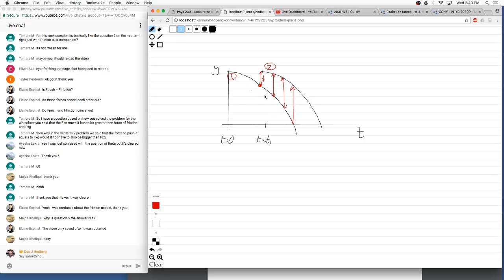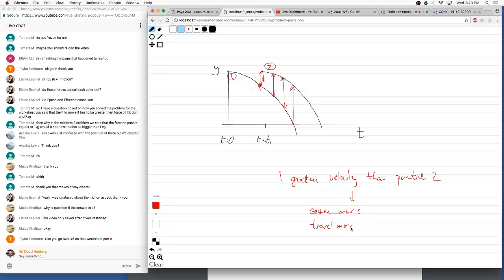So that means between any two points in time, particle 1 has to have a greater velocity than particle 2, which means it's going to travel more distance in the same amount of time. So every second that elapses, particle 1 goes farther than particle 2, which means the distance between them should be increasing.